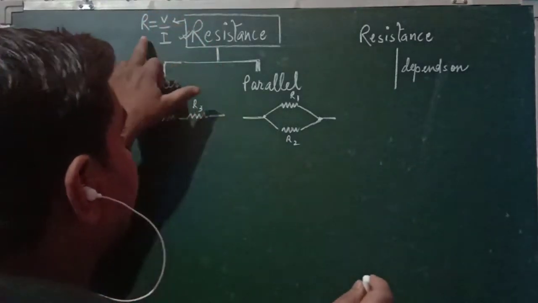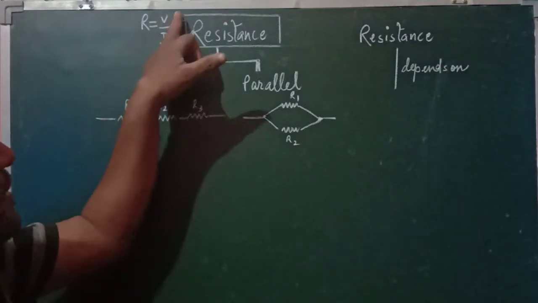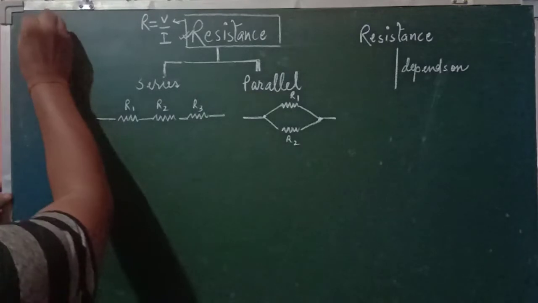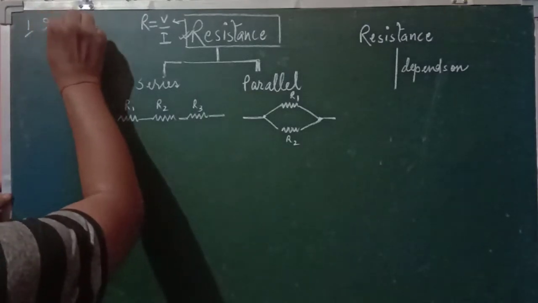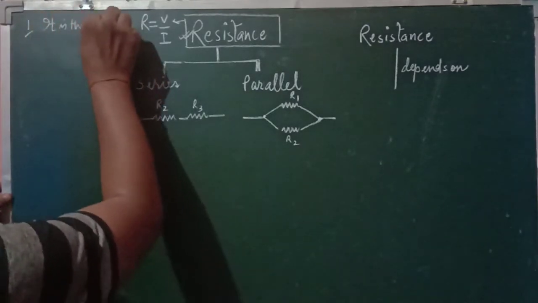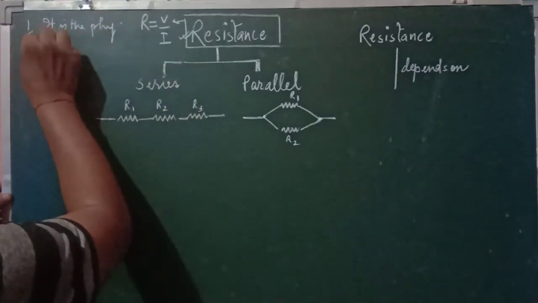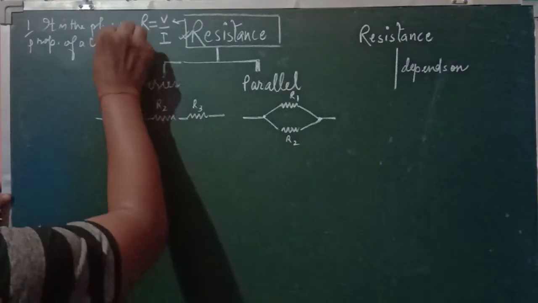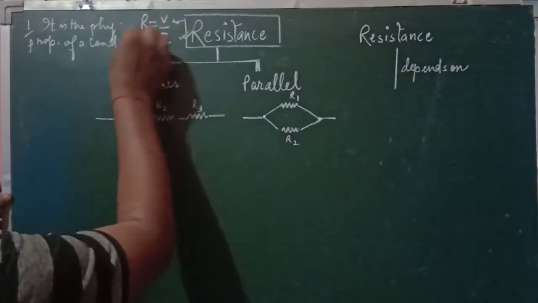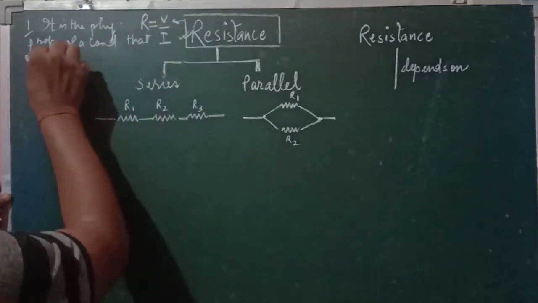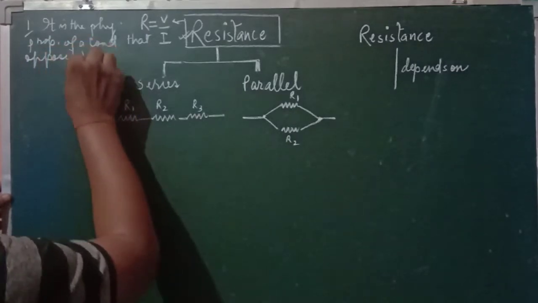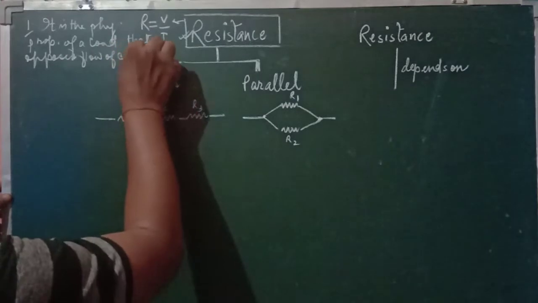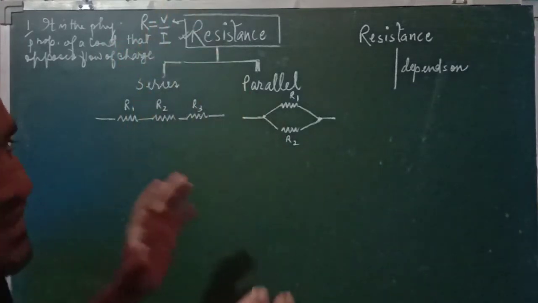Resistance is the ratio of potential difference to the electric current, where it is the physical property of a conductor that opposes flow of charge through itself.